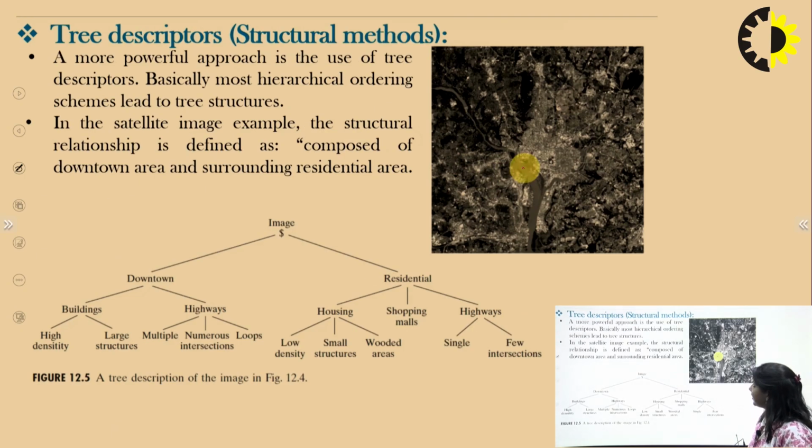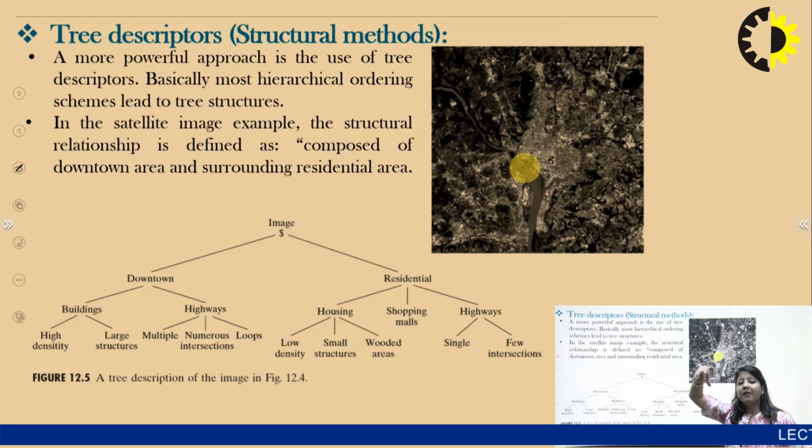And next is a tree descriptor. In tree descriptor, based on some hierarchical relationship, we can form the tree descriptor. So if there is a satellite image, from the satellite image we can find the relation in the form of hierarchy, because from the top the satellite focuses on any object, then objects can be related in the form of hierarchy.